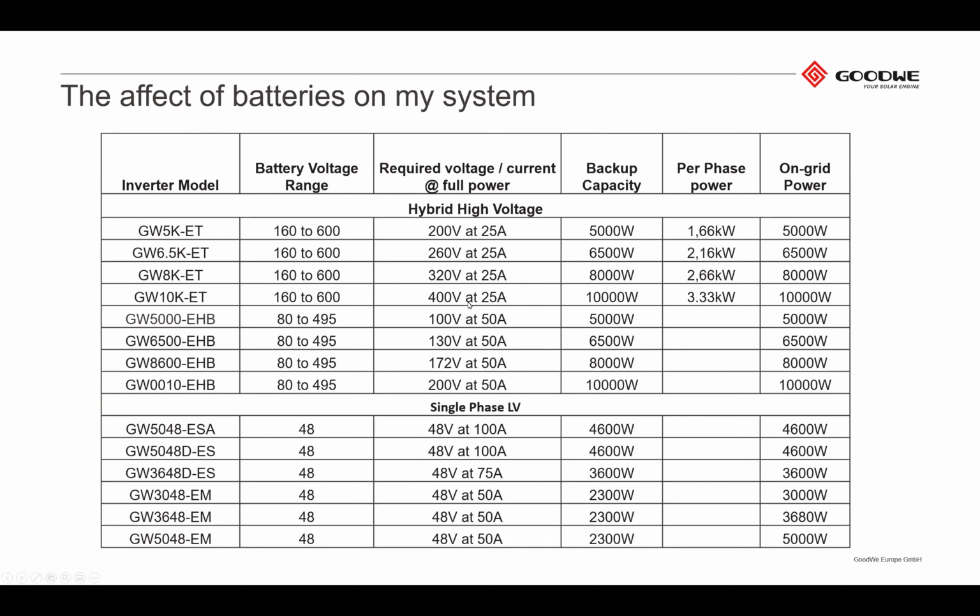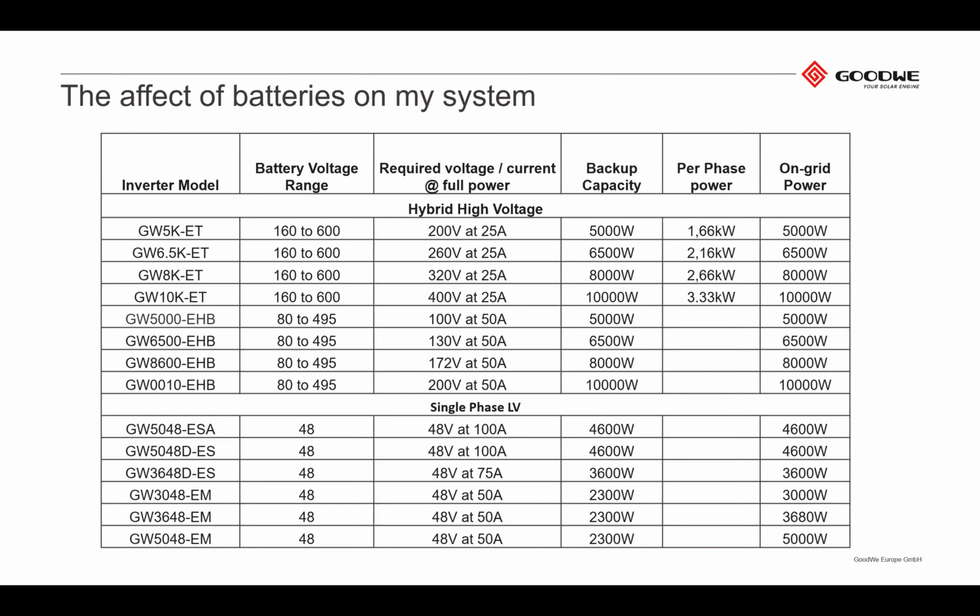Then we move over to the high voltage. The high voltage is slightly more complicated because our current limit is fixed. For the ET range, our 3-phase range, the current is always 25 amps, and all the batteries on the market do reach 25 amps.